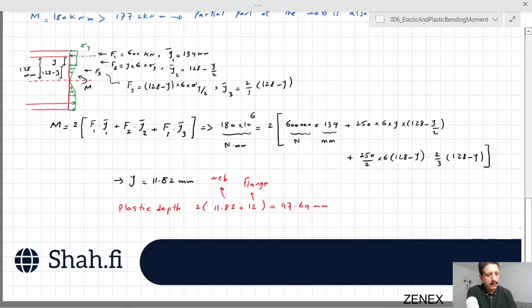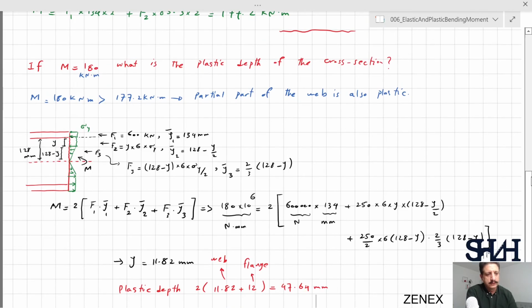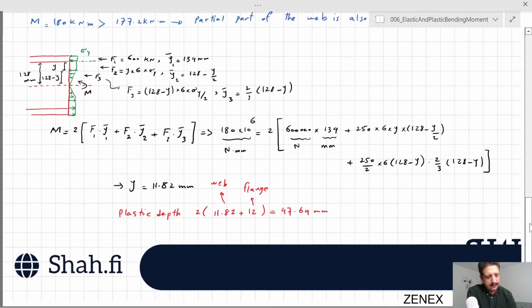And if you solve it in another way, let's say the given moment is 172, and you assume that the flange is totally plastic and you calculate according to this equation, then at the end Y will be negative.